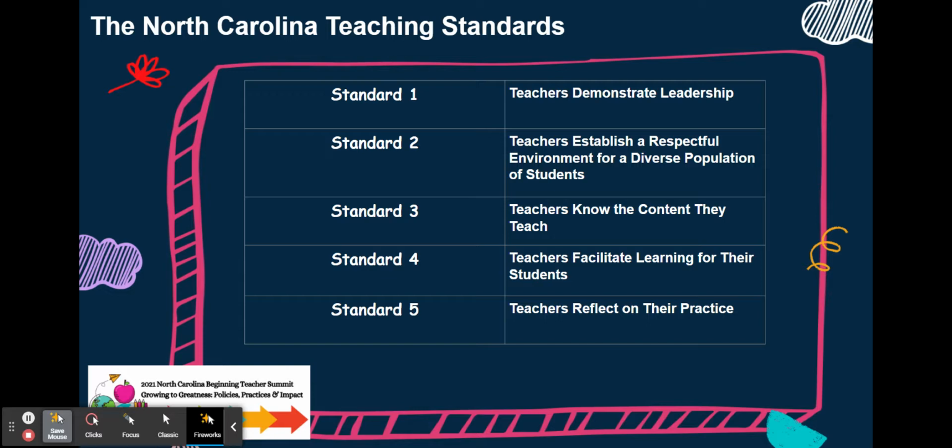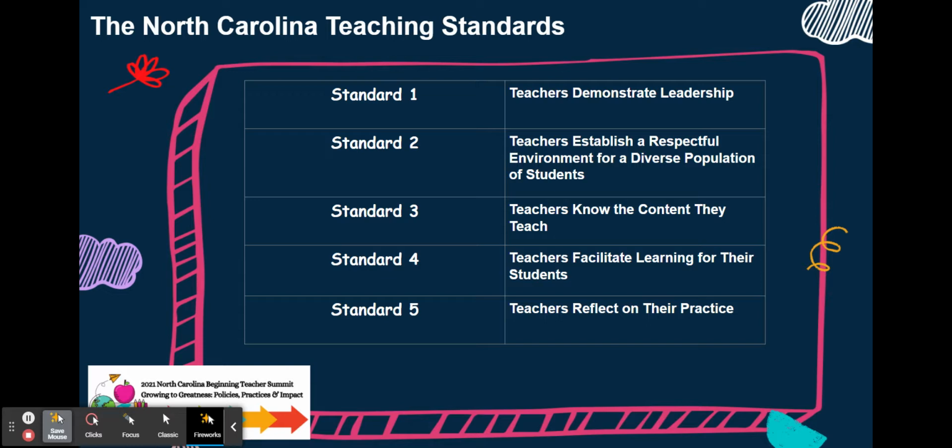However, a BT program gives you a footing and opportunity to be a lot more intimate with your standards and aware of what they ask of you. So I'm going to start by breaking these down a bit and wanting you to think about each standard and what it means.